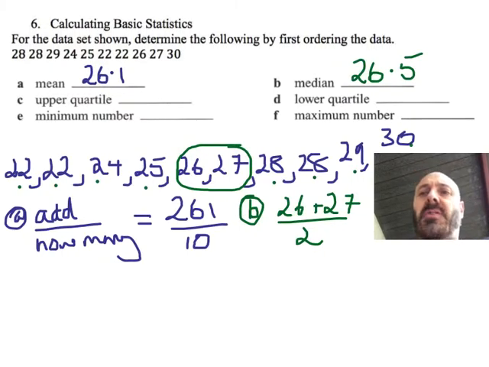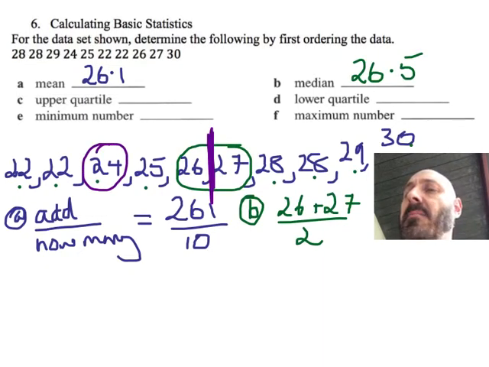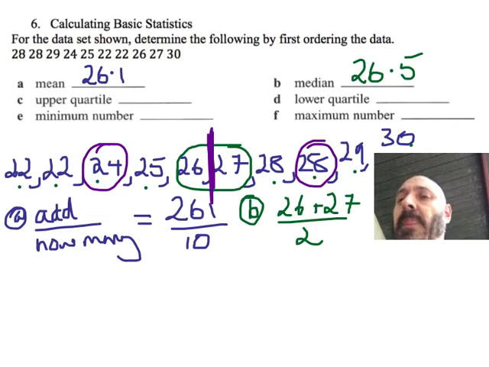But the good news is, when it comes to my quartiles, because my median was a little harder to work out, my quartiles will be easier. For my quartiles, I split my data in two, and I'm looking for the middle of the bottom half, which is this one, and the middle of the top half, which is that one.